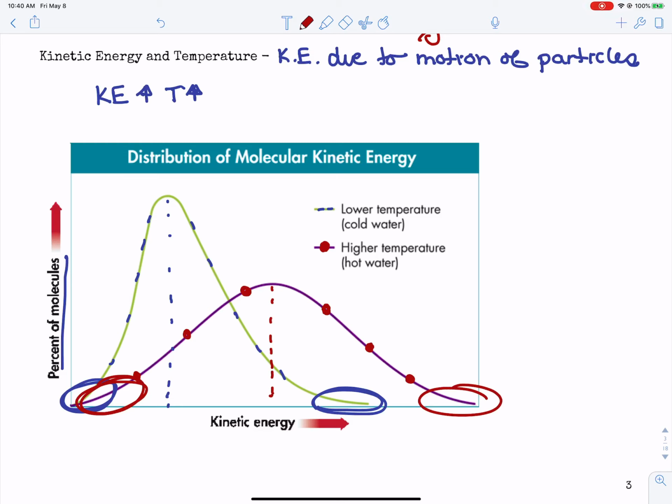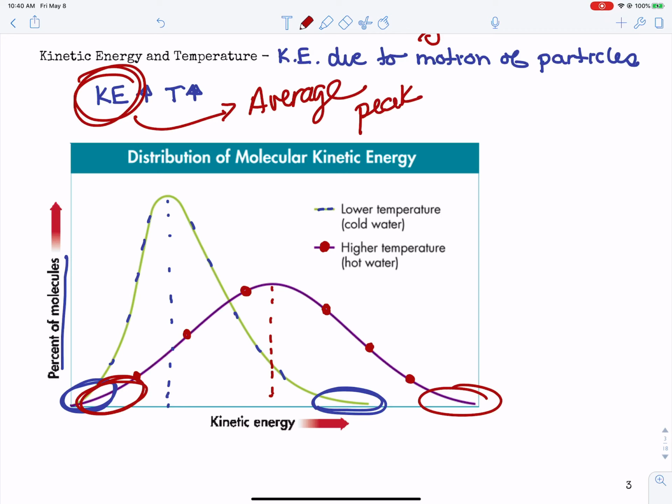So it's not that the temperature relates to the kinetic energy of every single particle. The kinetic energy is the average. That's really where this peak comes in, right? At low temperatures, look at where the peak is, low kinetic energy. At high temperatures, the peak is at higher kinetic energy. But there's a wide distribution of that.